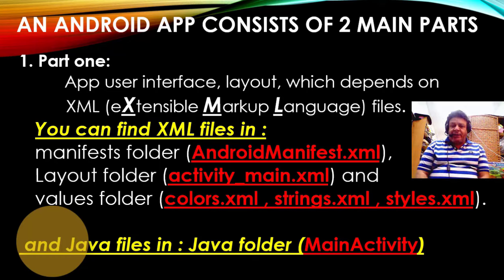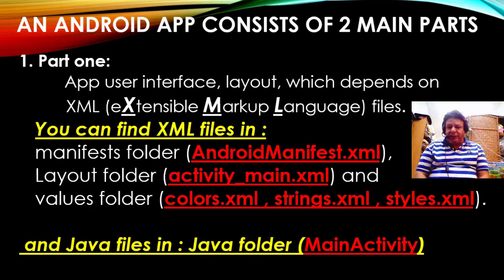You can find XML files in the manifests folder, AndroidManifest.xml, or in the layout folder, activity_main.xml, and the values folder, where you can find many XML files such as colors.xml or strings.xml or styles.xml, or your own created types of XML.